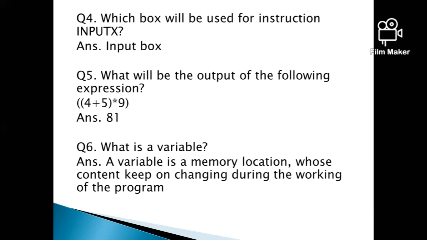Processing box is used to hold the instruction to process. Okay, and decision box is used to compare some data or any expression, and flow lines are used to join the boxes of flowchart. Our next question is, what will be the output of the following expression?